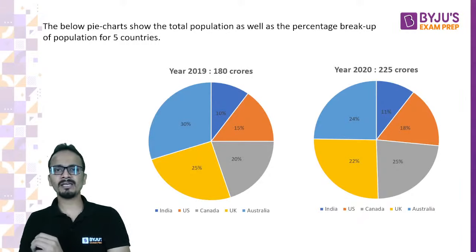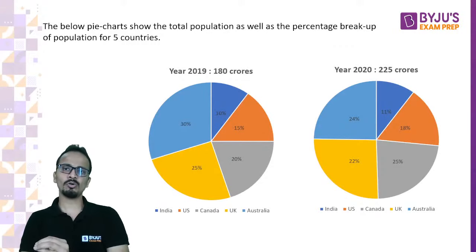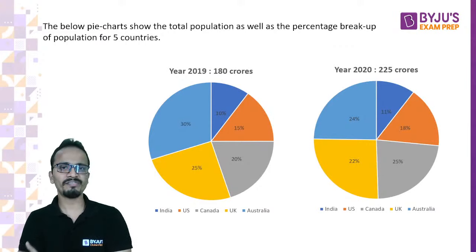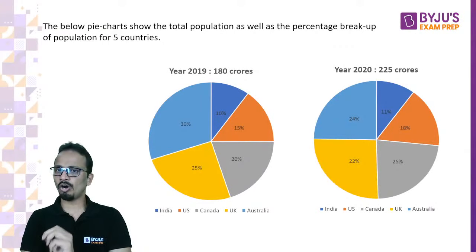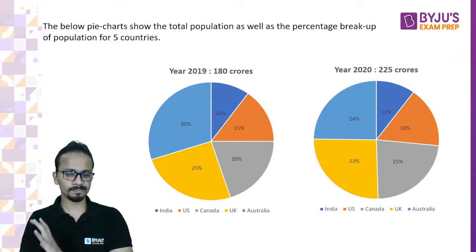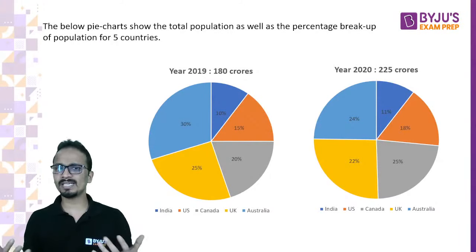In a similar manner, for year 2020, the total population for these 5 countries has become 225 crores, and the percentage breakup is also mentioned in this pie chart. This pie chart is pretty easy to understand.